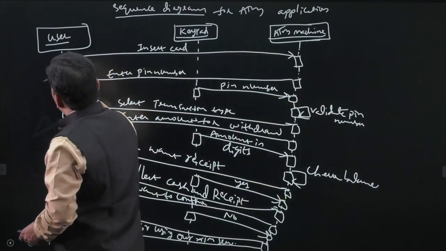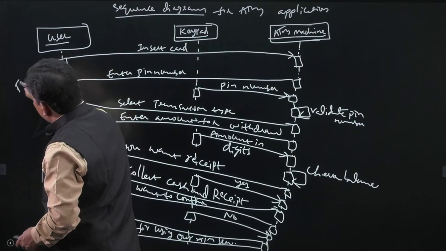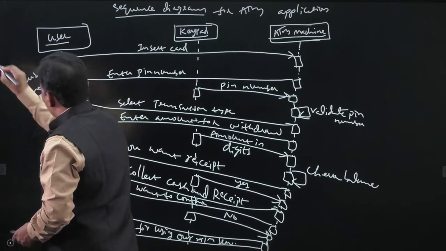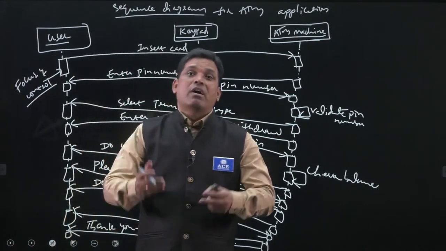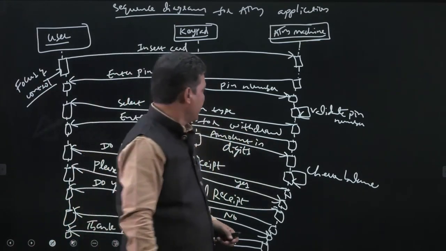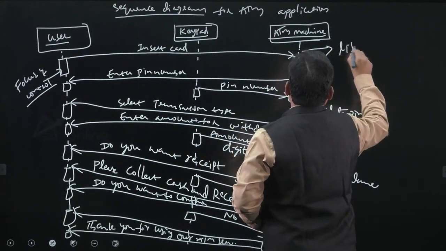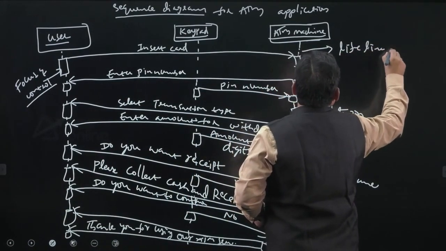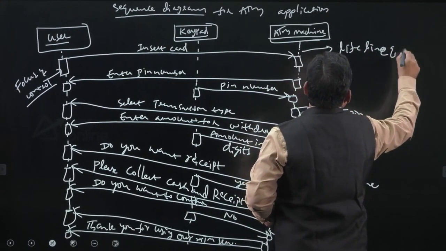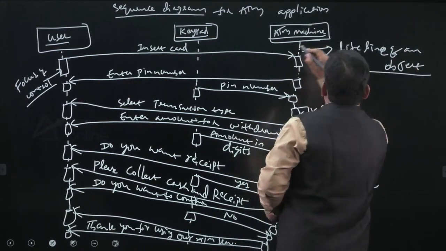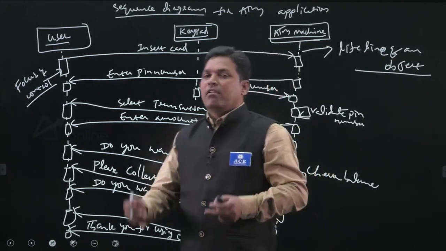This rectangle box is what we call the focus of control. When there is a focus of control, only then can objects perform operations among them. And what does this dotted line represent? This dotted line represents the lifeline of an object.